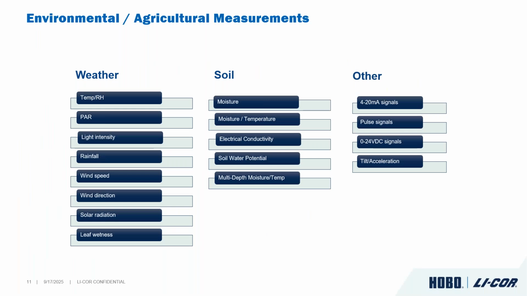In the other section, we have things not mentioned, like third-party sensors, where you may need to use a 4 to 20 milliamp input. Maybe you have something that requires a pulse or a DC. So we have those types of loggers and sensors available as well.